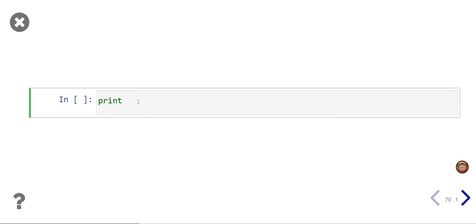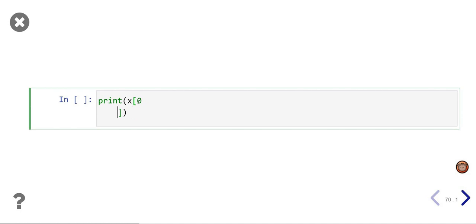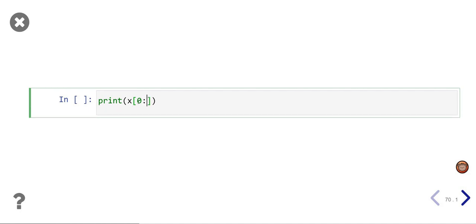Let's say you want to print x, and now we use square brackets, from 0 to 5. What does this mean? From H to L? From H to O? So this is what the letters are, right? Hello world.